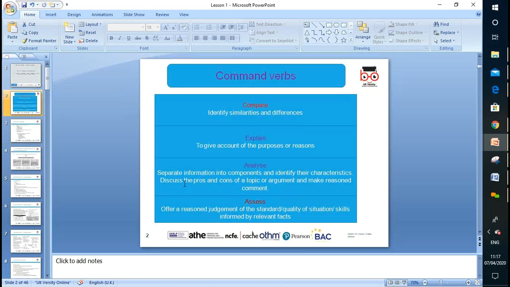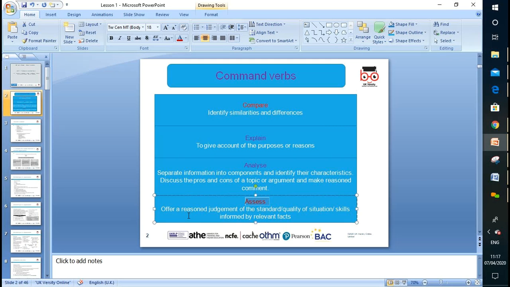Analyze: we need to separate information into components, into different parts, such as current assets and non-current assets. What are the benefits if we have more current assets than non-current assets? You have to discuss advantages and disadvantages. Assess: offer a reason and judgment of the standard, quality, and situation, informed by the relevant facts.